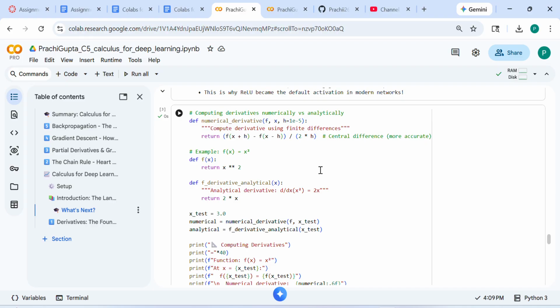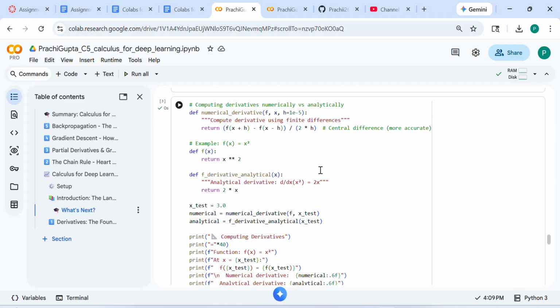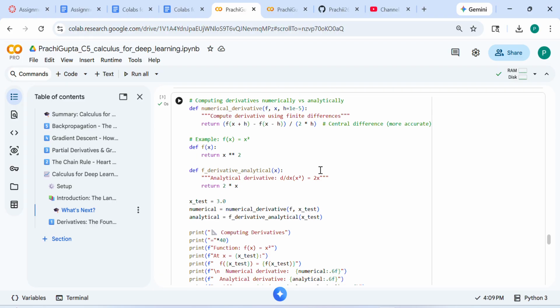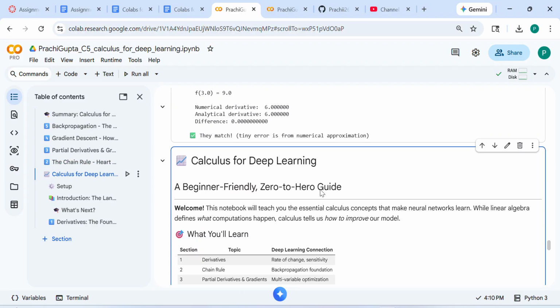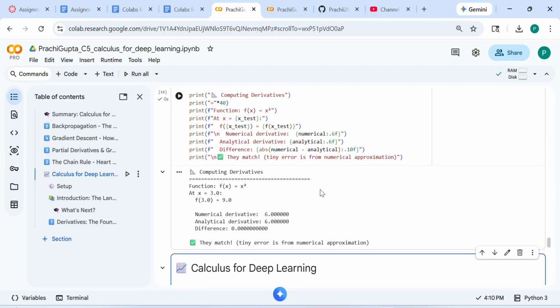The numerical idea is basically: if I nudge x a little bit, how much does f(x) change? The purpose is to build intuition that a derivative is a sensitivity measure. In deep learning, we don't use approximations during training, we rely on the chain rule to do it. So I'll just run it, and you can see.